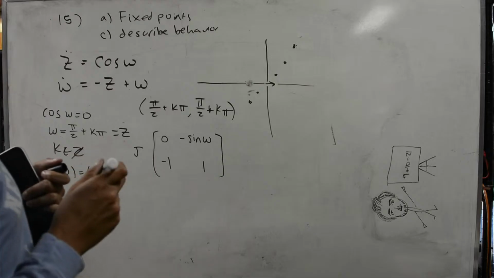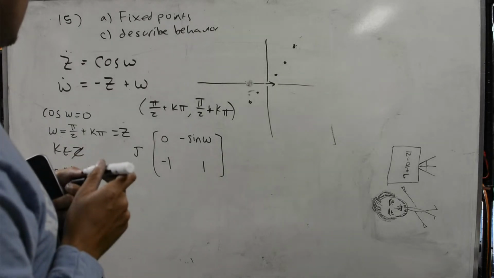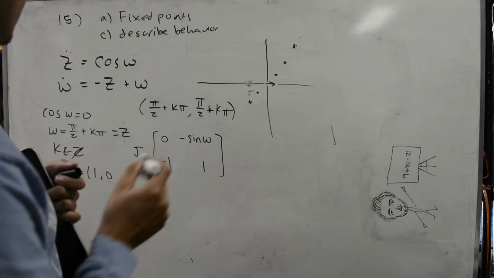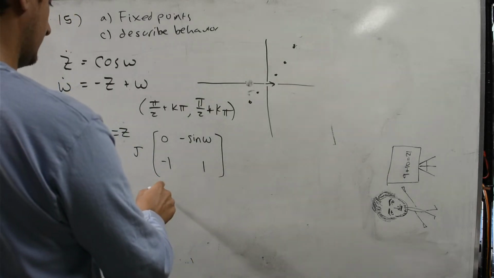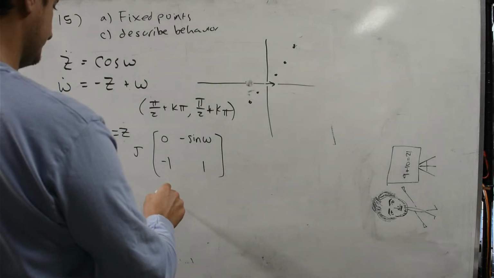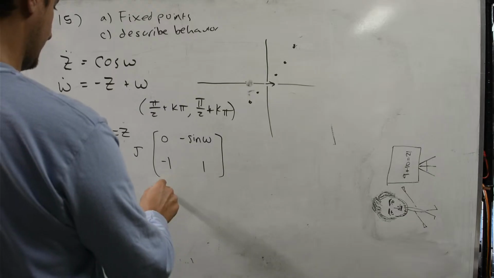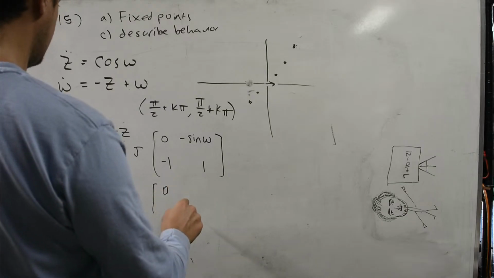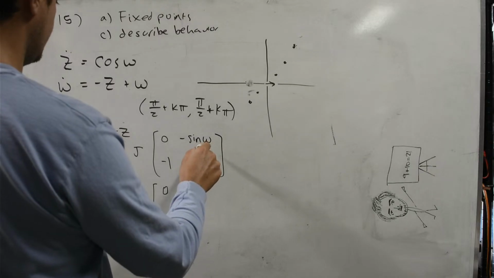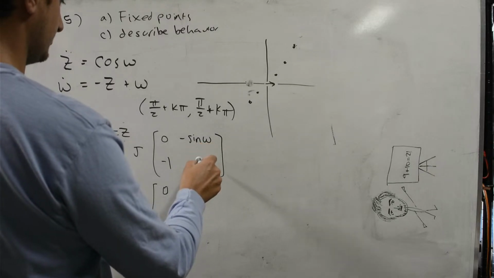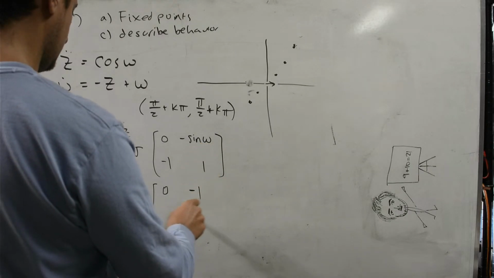But so we should be able to just plug in for pi over 2, right? So then we get 0. So this is going to be pi over 2. So sine of pi over 2 is, so this is going to be minus 1.